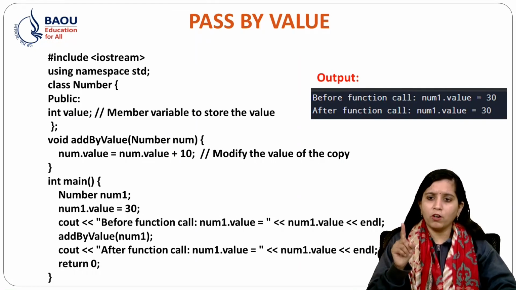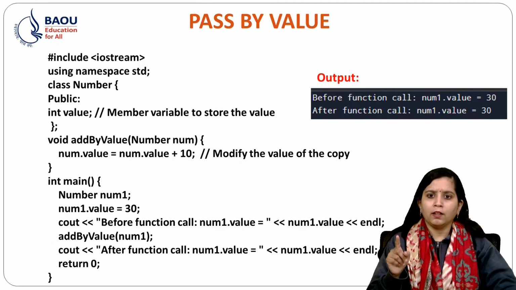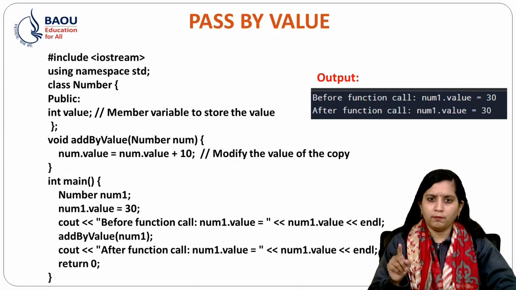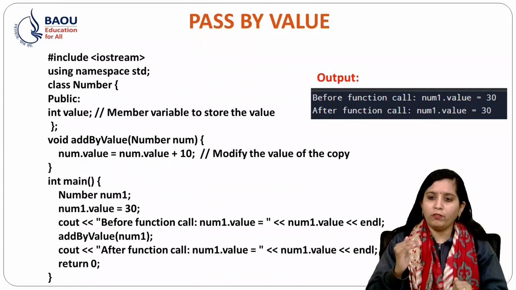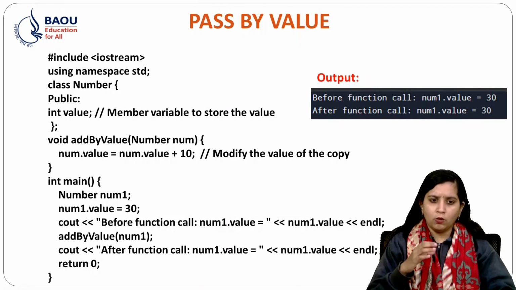See, before the function call we have 30, and after the function call num1.value is the same. Why? Because the object is passed to the function by making a copy of the original object.